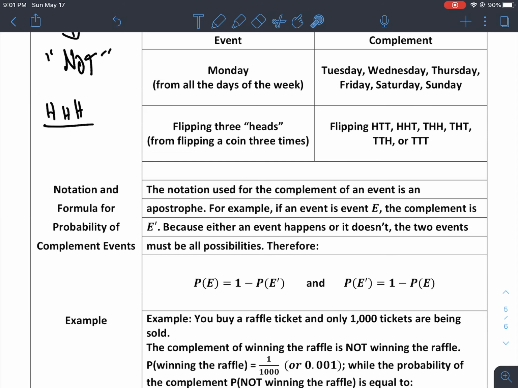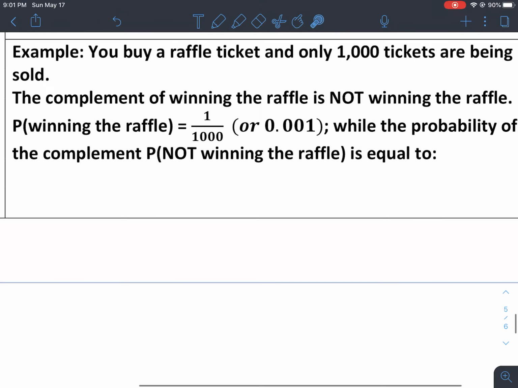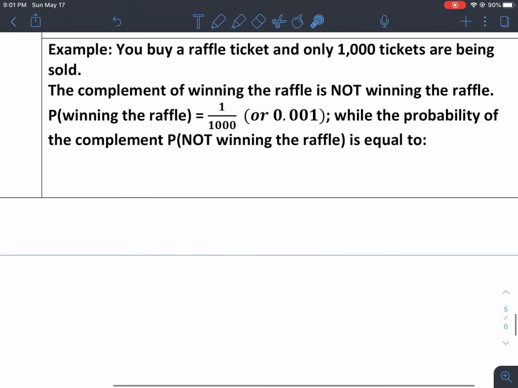So, for example, you buy a raffle ticket out of 1,000 raffle tickets. Winning the raffle is one event. Not winning the raffle is another event.